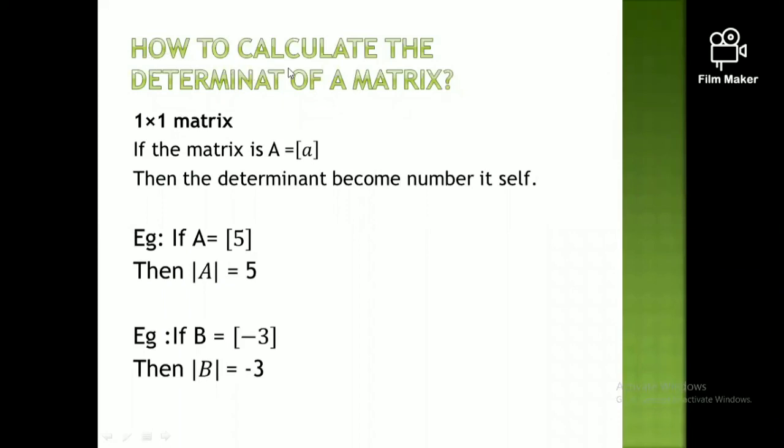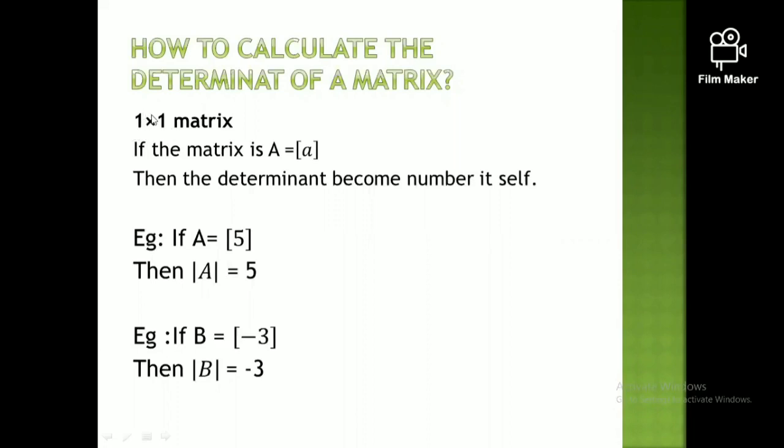We know that when we discuss matrices, there are matrices with different sizes. We call the size of the matrix the order of a matrix. At the beginning, let's try to understand how to find the determinant of a matrix of order 1 by 1.